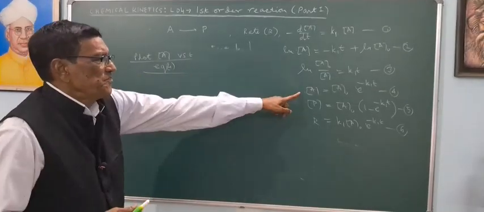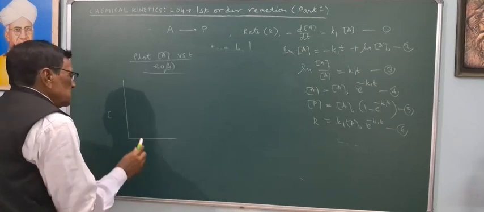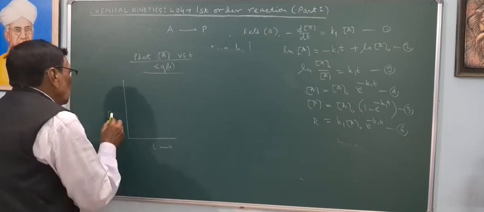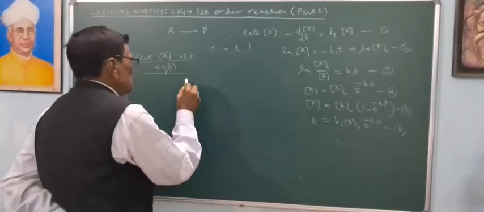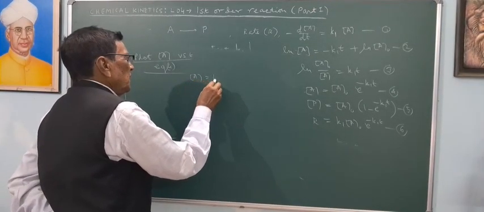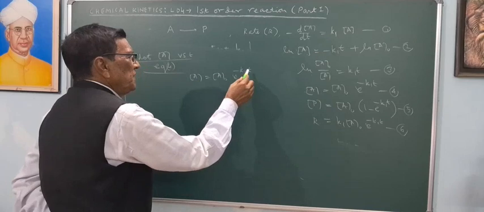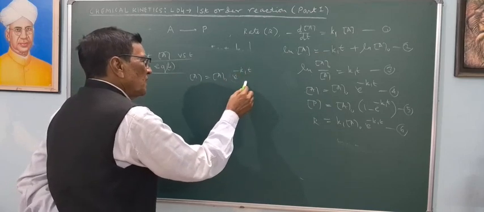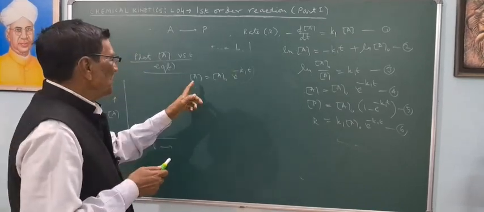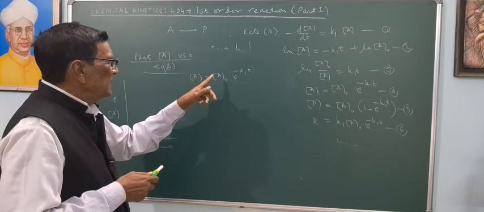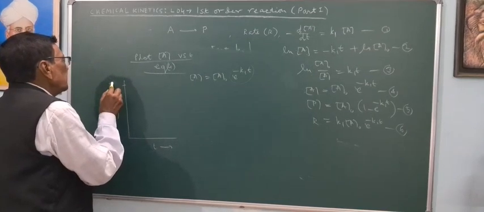So here along the x-axis time and y-axis concentration of A. The equation is A equal to A naught into e to the power minus k1t. When t equal to 0, this exponential term becomes 1. So concentration of A is equal to the initial concentration. So the plot will start from here.